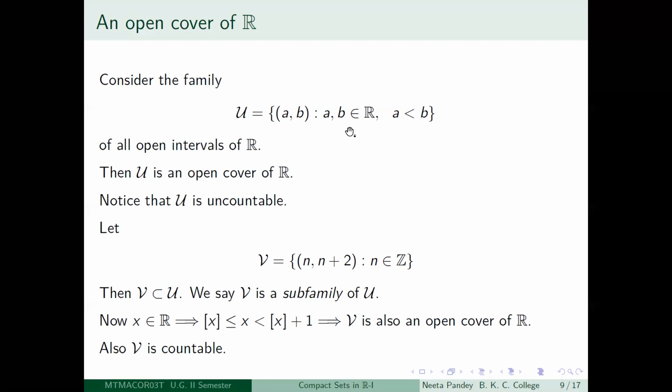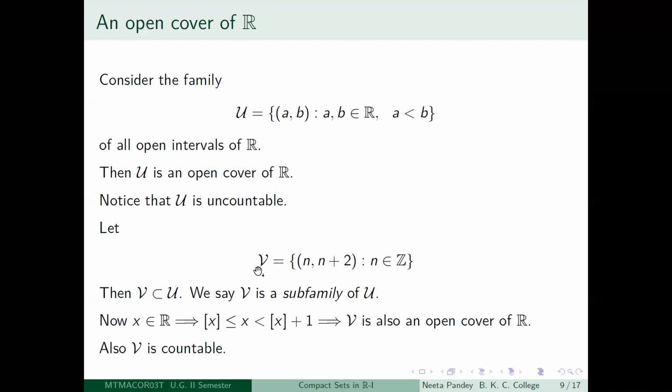But this example is telling you something a little bit more: if you don't look at this whole family and you choose certain members of this family. So what I am saying is, choose intervals of the form n to n plus 2, where n is an integer.